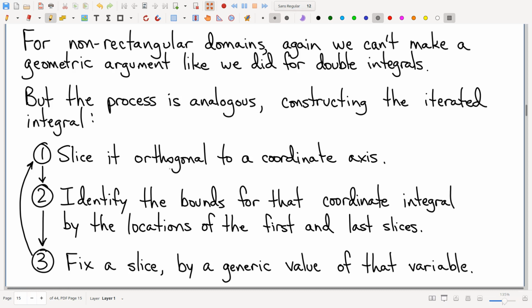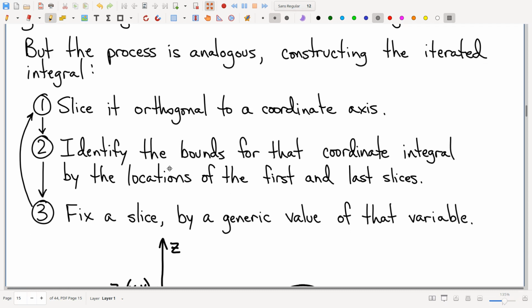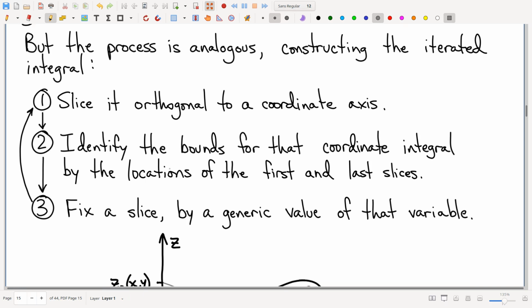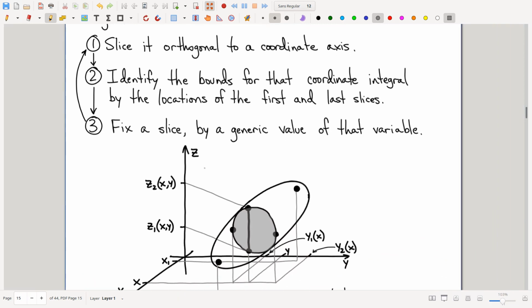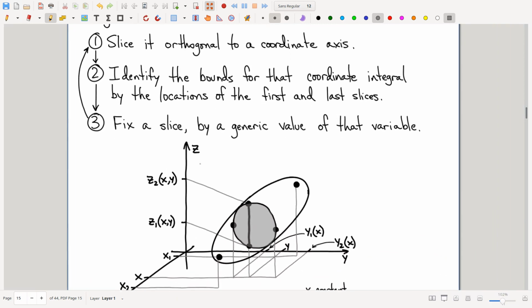So what I'm going to again ask for your trust is I'm going to just claim the process continues to be analogous, and I claim this is what we do when we are doing this for double integrals. One variable at a time, we slice, we identify the bounds, then we fix a slice and move on to the next variable that we slice.